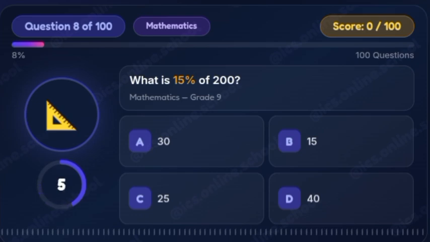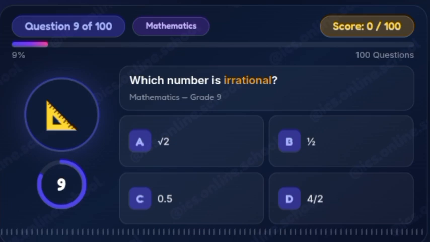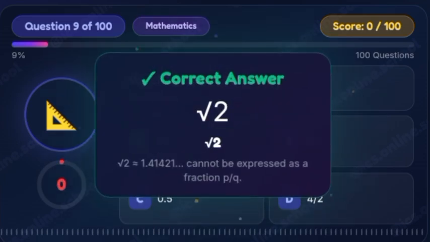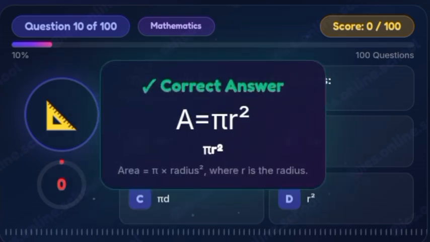What is 15% of 200? 30. Which number is irrational? Radical 2. The formula for the area of the circle is pi r square.